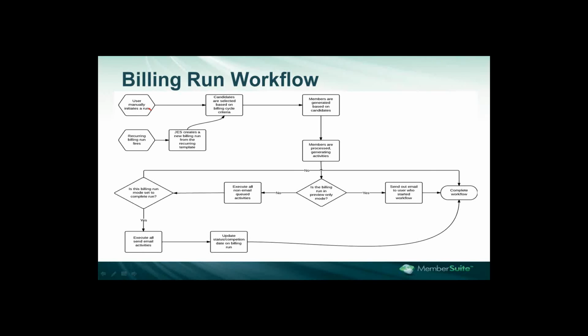Okay, and it allows me to figure out, based on the criteria, what records are going to be included in the billing run, and in our billing parlance we call those a candidate. So you're a candidate for the billing run if something about your membership record corresponds to what was set up in the criteria.